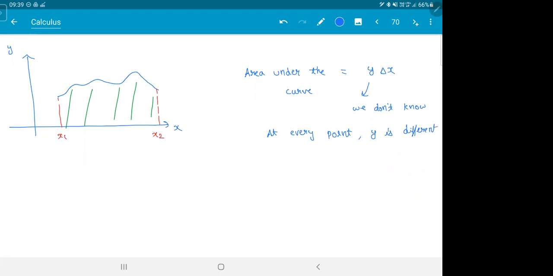So what we do, we come up with a thing. Instead of doing this, we take a very small strip. Take a thin strip. Let's call it dx. Remember what is dx? Dx is a very thin strip.